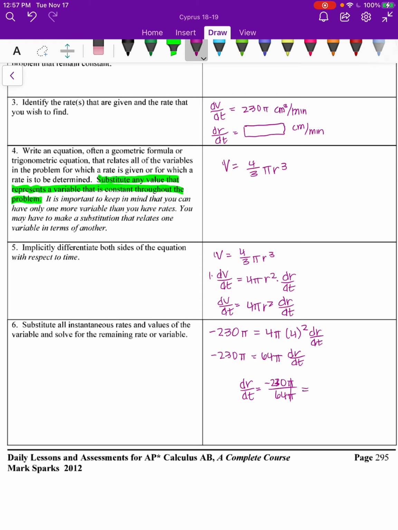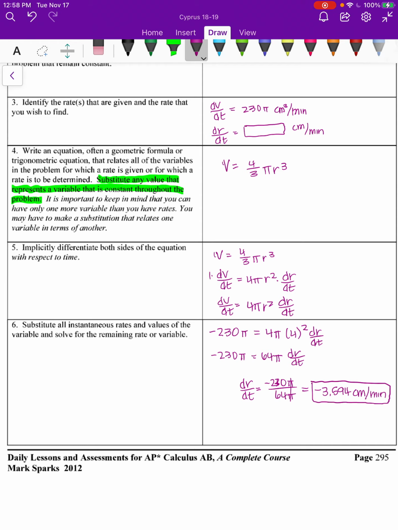Those pi's cancel out. And I can plug this into my calculator and I get about negative 3.594 centimeters per minute. It makes sense that this is a negative rate because if air is leaving, our balloon is getting smaller. So our radius should be going down, and that's why our rate here is negative.